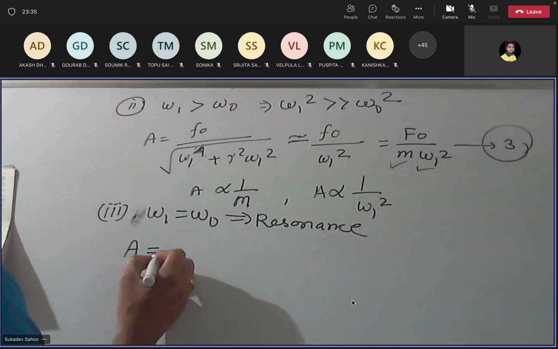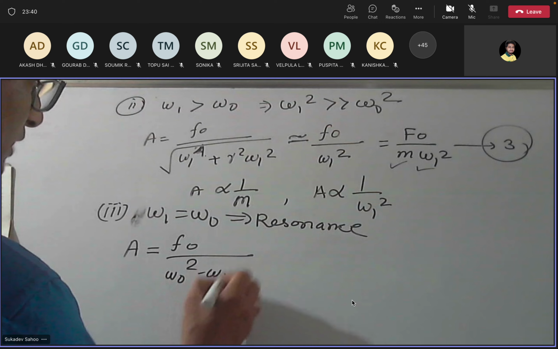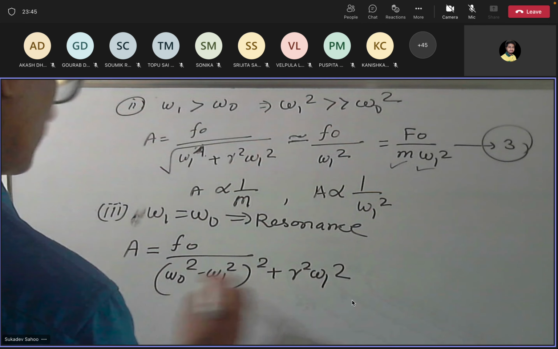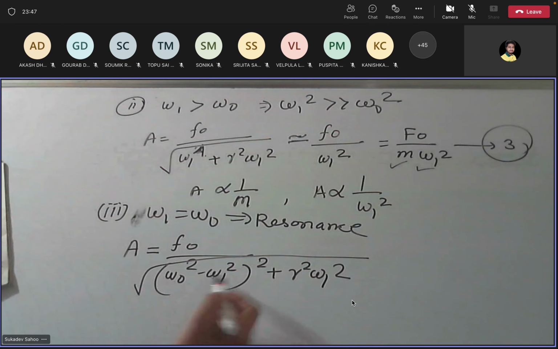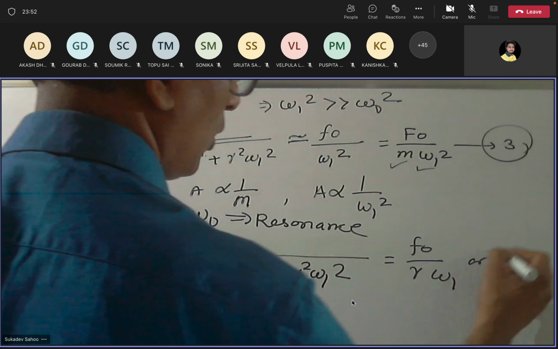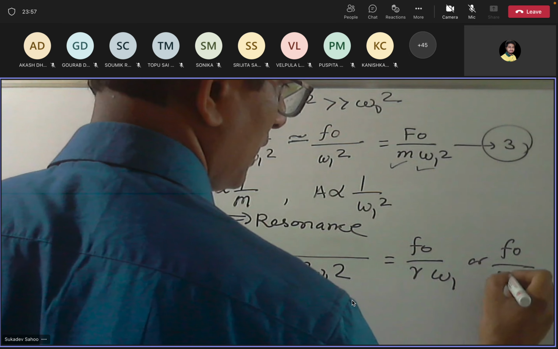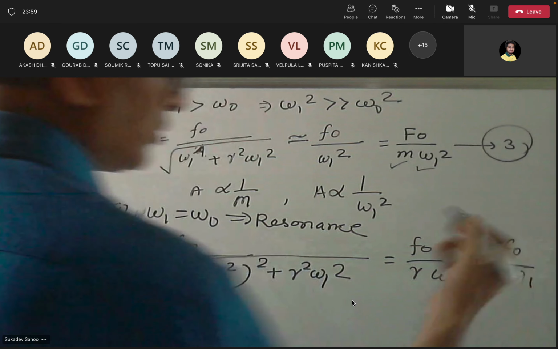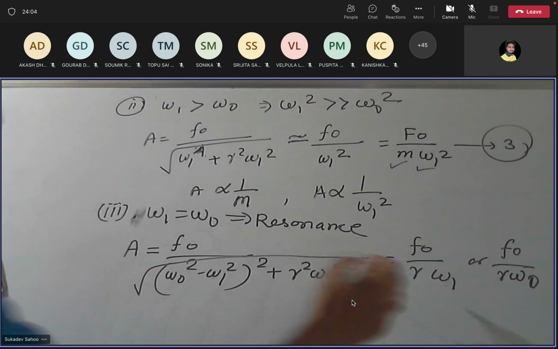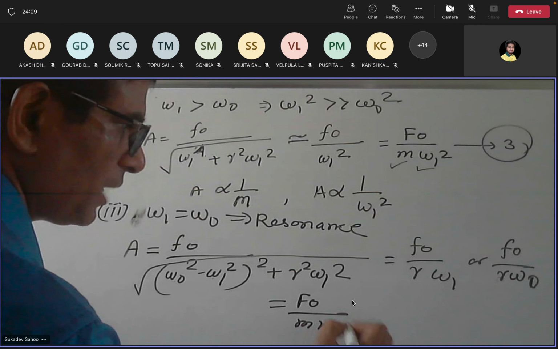And we will get the expression for amplitude A equal to F0 divided by the square root of (omega 0 square minus omega 1 square) whole square plus gamma square omega 1 square. This first term will be 0. Then we will get F0 divided by gamma omega 1, or omega 0, because we have considered omega. So from this we can write this as F0 divided by m gamma omega 1.